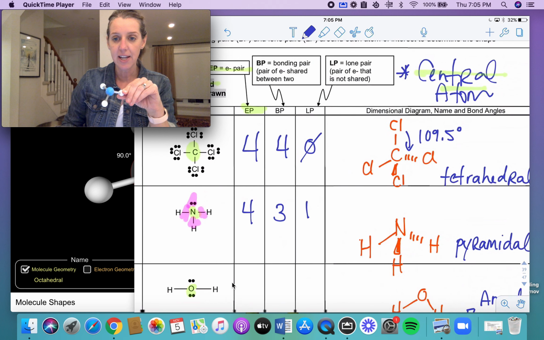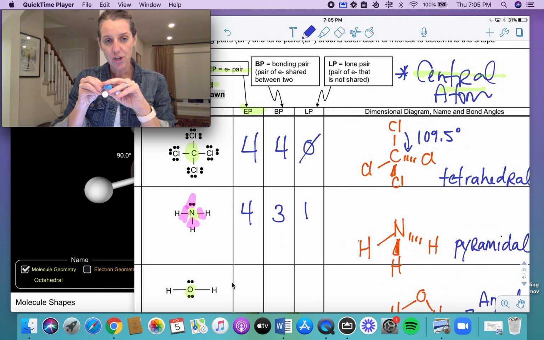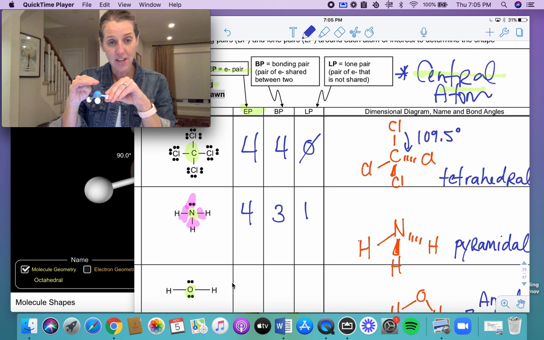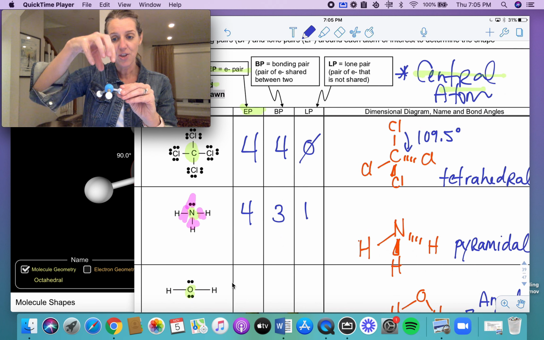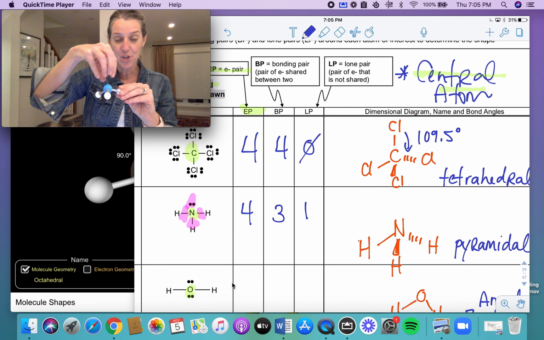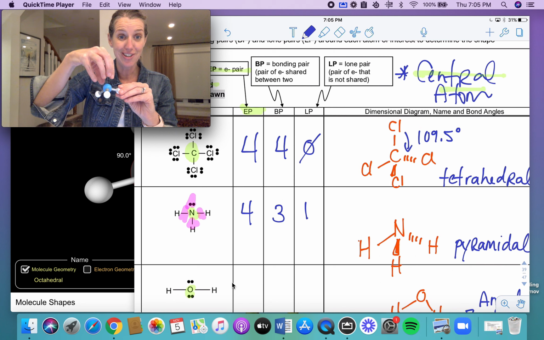Okay, I take my tetrahedral structure, that's my base starting point, and I change it from having 4 electron pairs around it that are all bonded, and I knock off 1, and I come up with the shape that shows me that there's a lone pair of electrons here, which also has a negative cloud, right? It's got a negative charge to it.